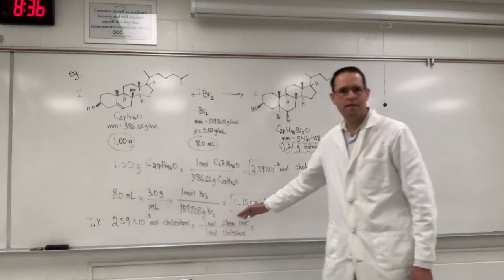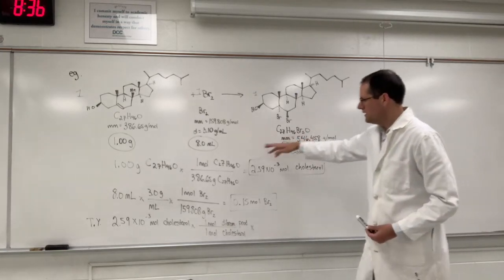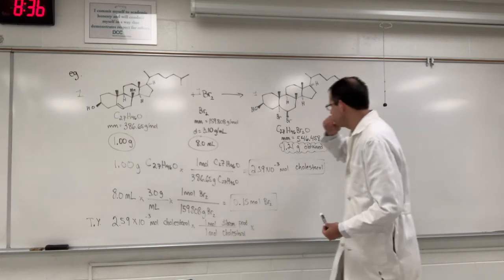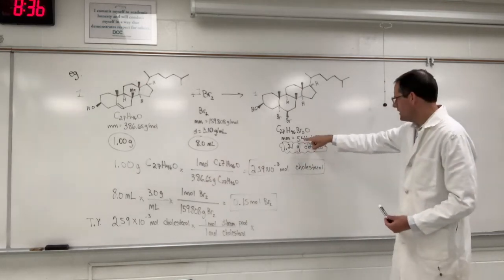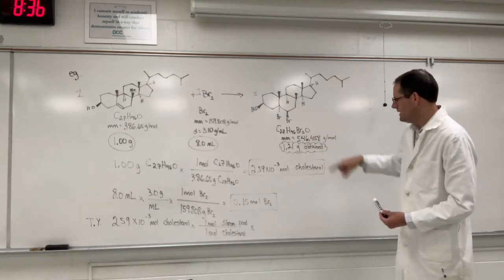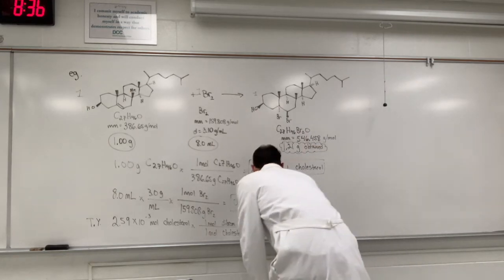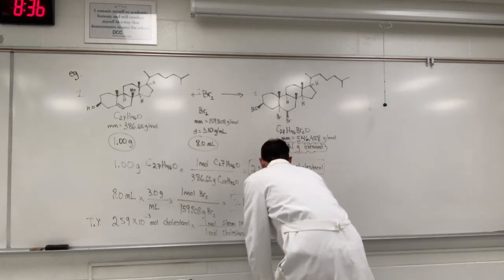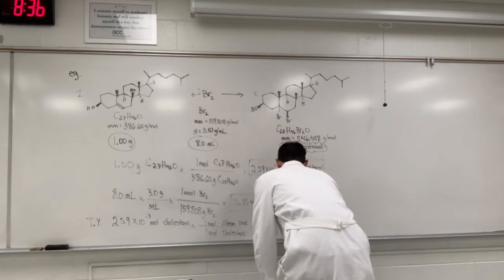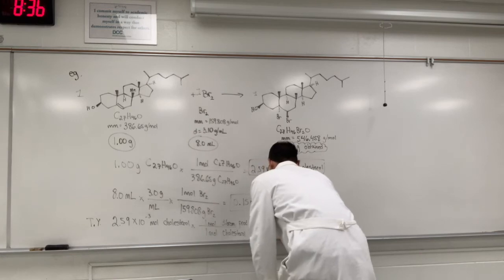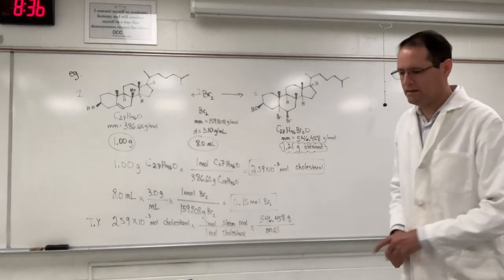If it's not 1-to-1, that's where you would do a different math. And then we want to multiply by the molar mass. To go from grams to moles, we divide by molar mass. To go from moles to grams, you multiply by molar mass. So let's see how the units work. Now we want to use this number here. This is our product. It's 546.458 grams per mole. So the moles cancels here, and that's why you're multiplying by the molar mass there.